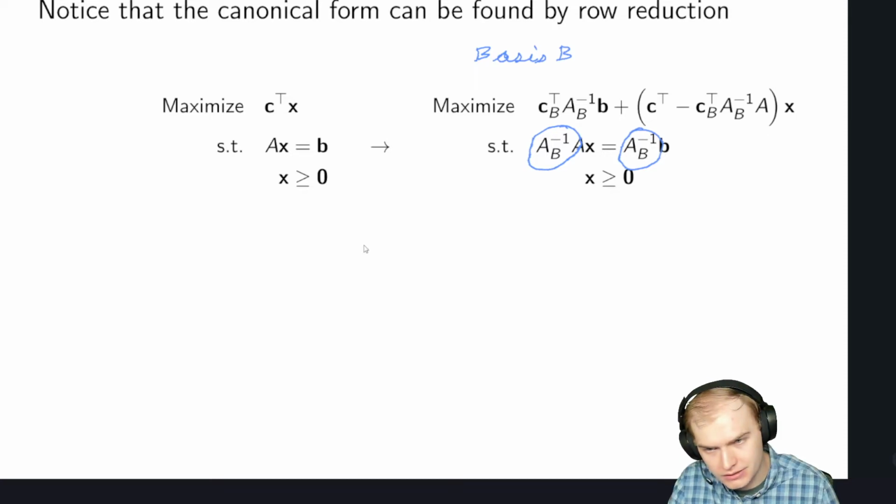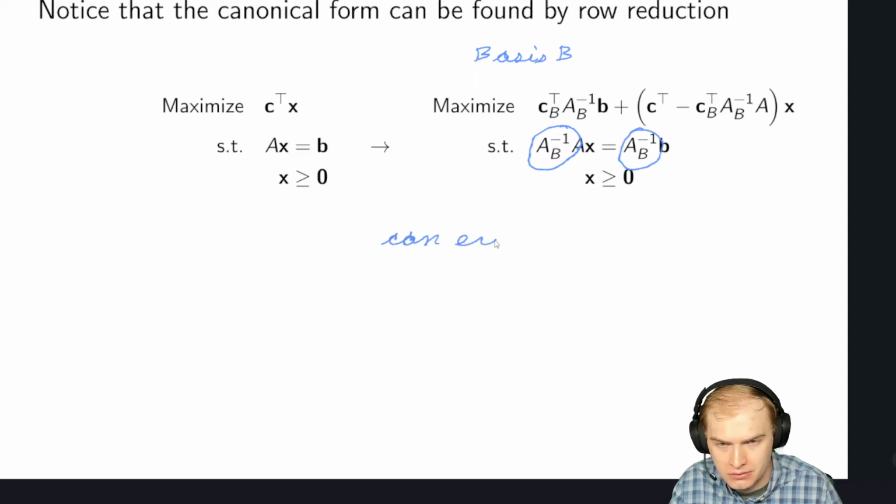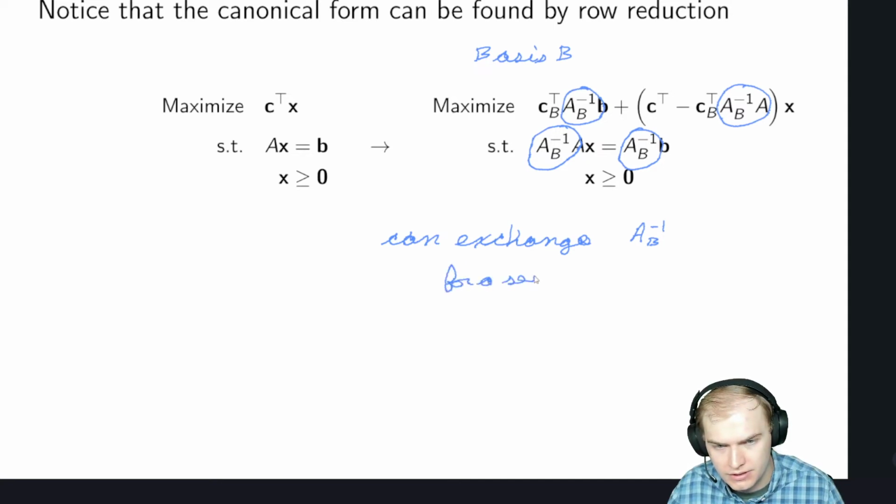So what I'm saying is, yeah, we can exchange all of these AB inverses for a series of row operations.